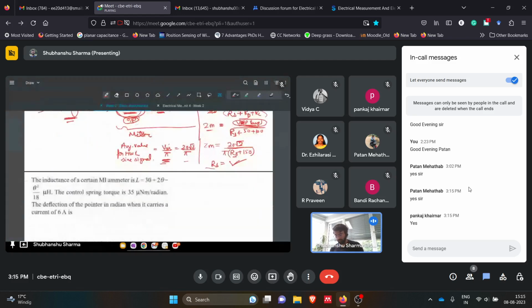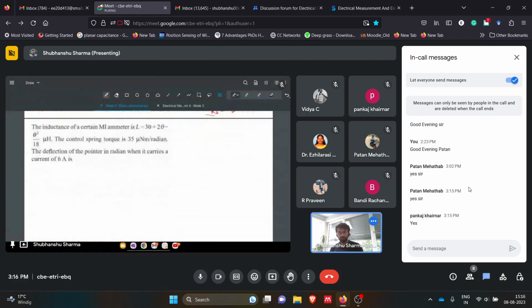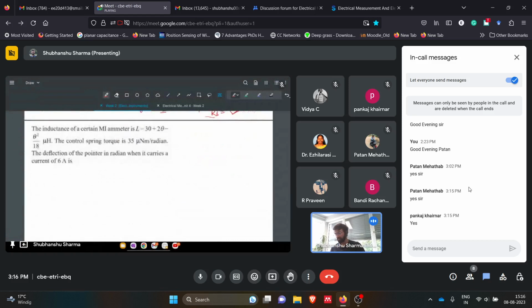Okay. So now this is a simple question to relieve you from difficult questions, and I need an answer from your side. So please give me the answer. The inductance of a certain MI ammeter is this, and the control spring torque. So I will also write the question for you. K theta equals half I square dL by d theta.